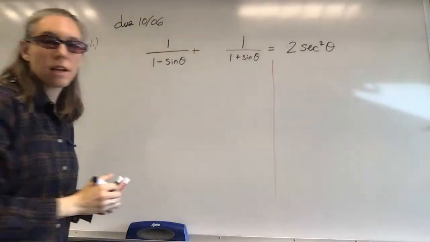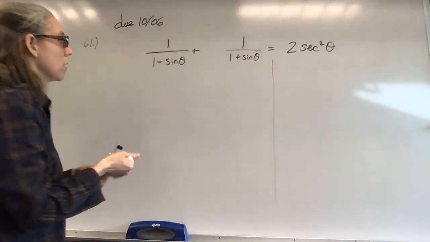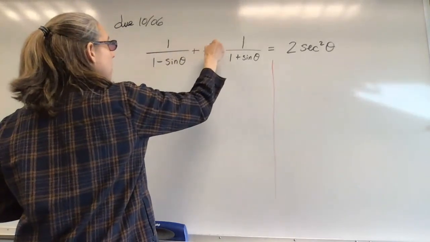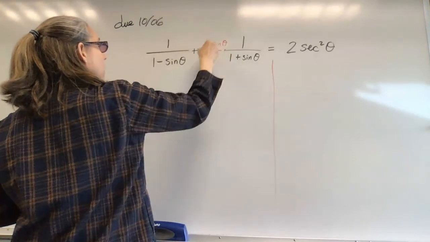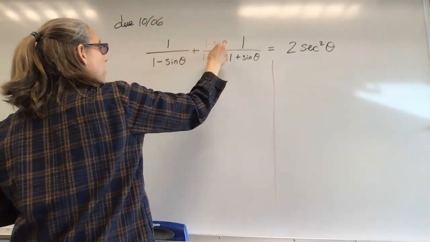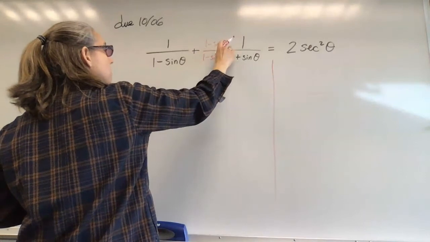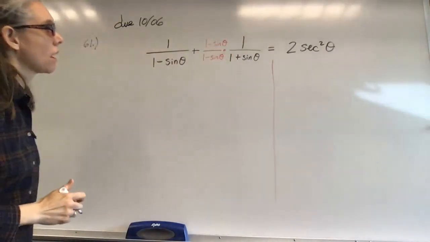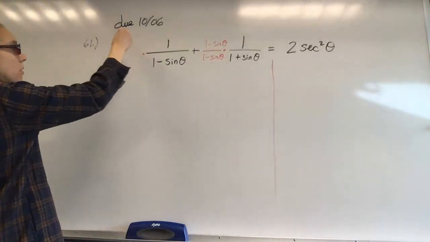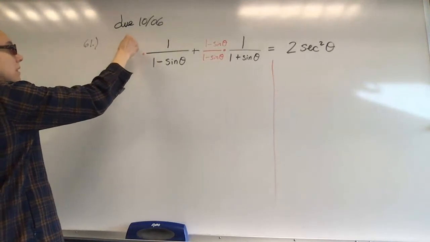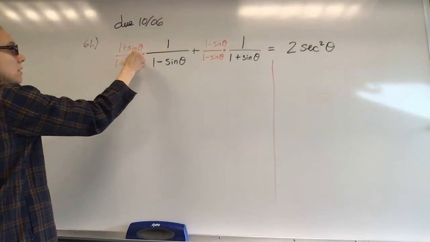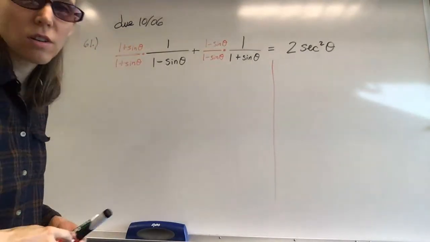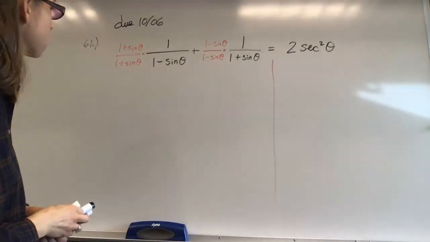So if you write it down strategically, you can then squeeze in 1 minus sine theta over 1 minus sine theta for that second fraction. And then over here, I can put 1 plus sine theta over 1 plus sine theta. So make sure that you leave sufficient space.